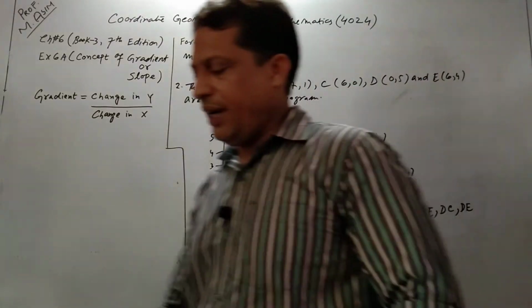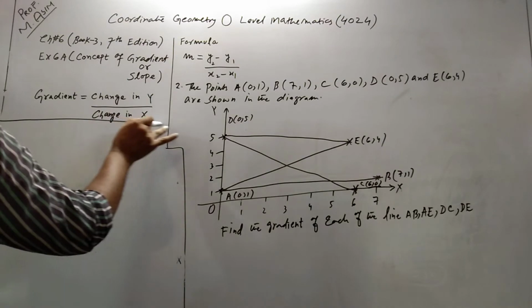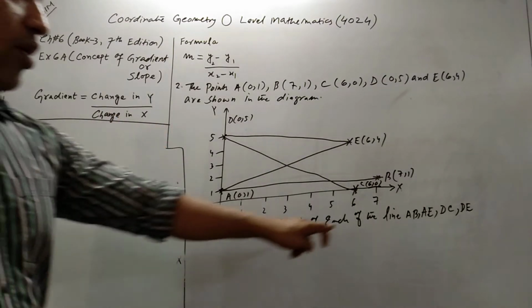First, we have to find what is the requirement. Find the gradient of AB.